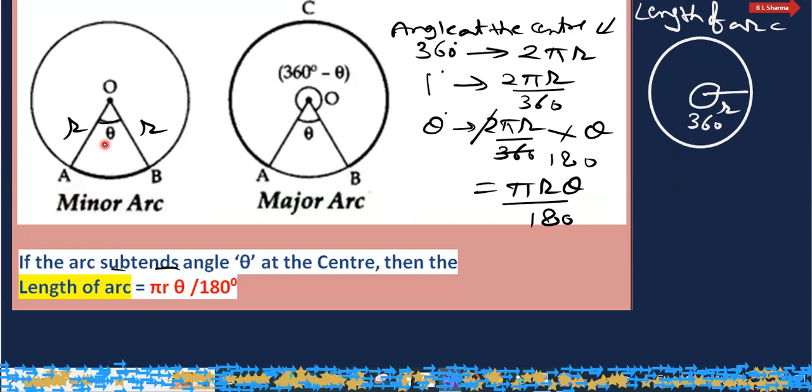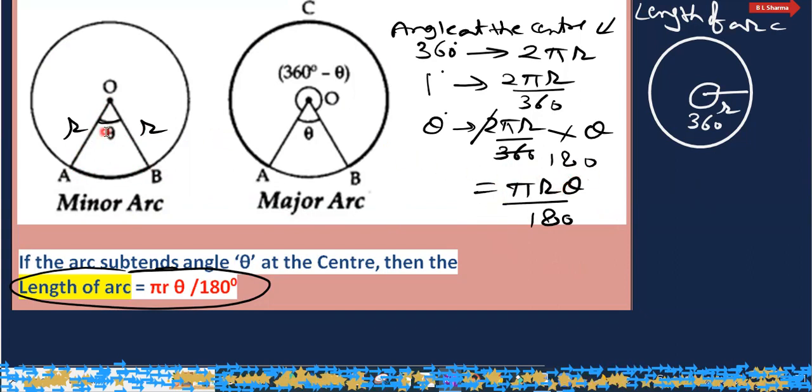So this is the formula for the length of the arc if the radius of the circle is given and the angle at the center is also given. If the radius of a sector or segment is given, we can easily measure the length of arc AB, and the formula for that is pi r theta upon 180.